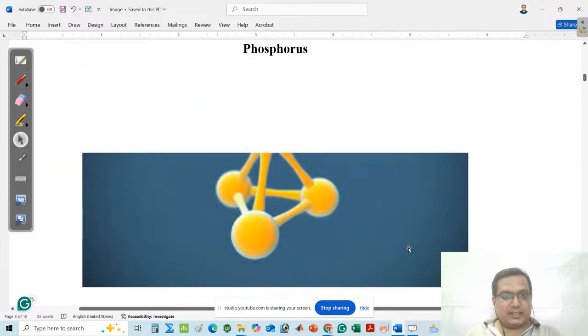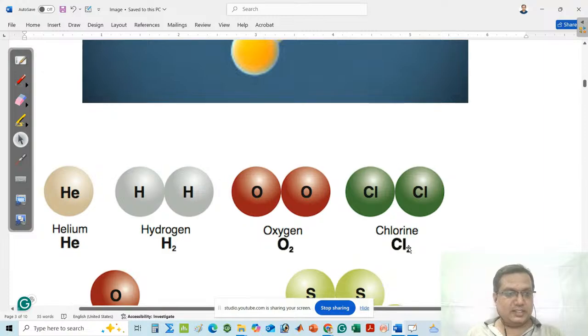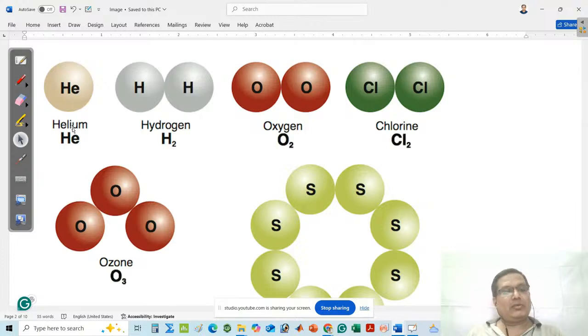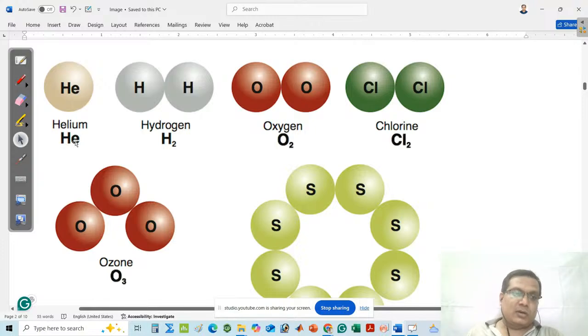Look at the example, here helium has independent existence. That means it is considered in the atom list, also in the molecule list. You can think that there are a lot of helium atoms present, but one helium atom is sufficient to be stable. So here you can write He.